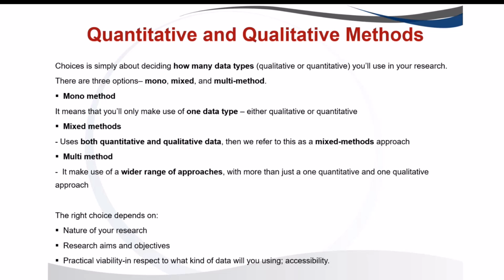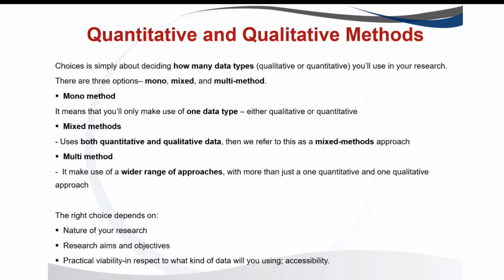There are three options. The first one, we call it the mono method. It means that you will only make use of one data type. In other words, you choose in the mono method to say, I'm using only quantitative, or I'm using only qualitative. So you have to use one. You can't use both of them.